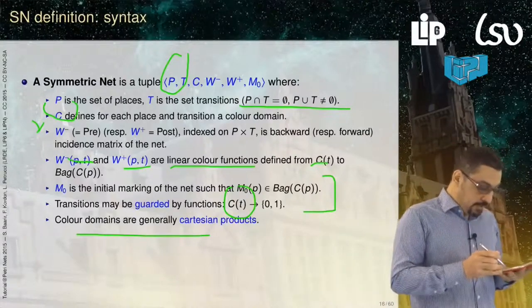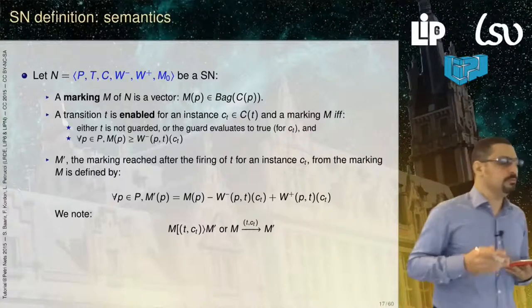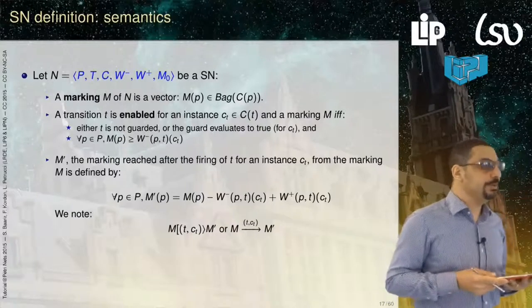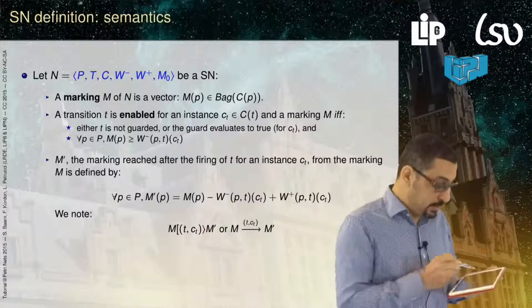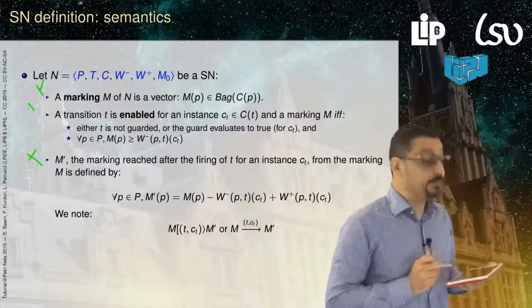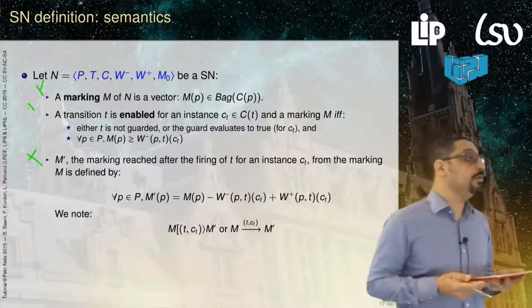Okay. The semantics of the well-formed nets, or sorry, here called symmetric nets, are based on three traditional notions: the notion of marking, the notion of enabling, and the notion of firing, which define the whole semantics of the net.